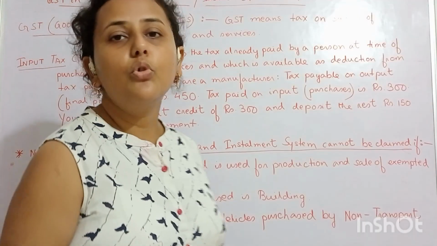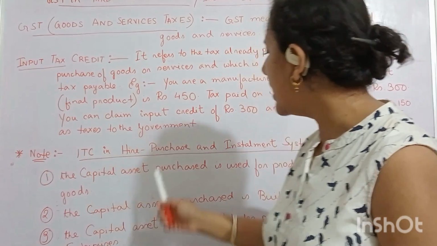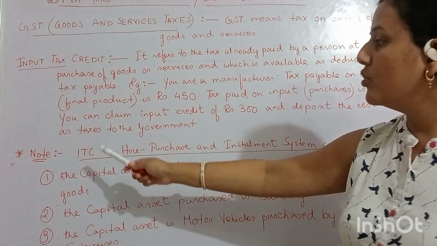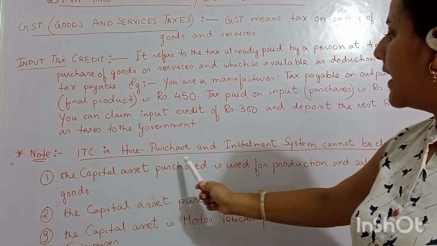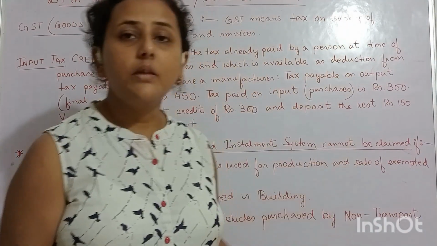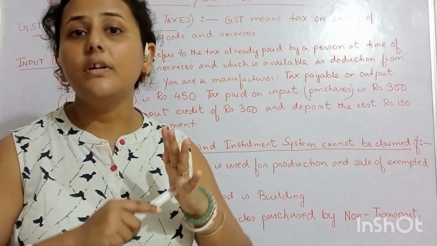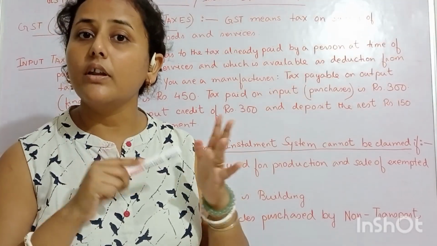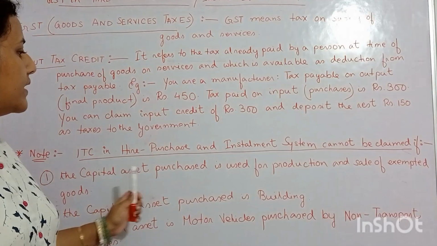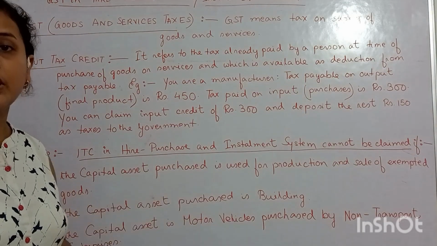Now there are three more points which are important in hire purchase and installment system. As noted, ITC in hire purchase and installment system cannot be claimed in certain cases. Point one: the manufacturer cannot claim ITC when the capital asset purchased is used for production.